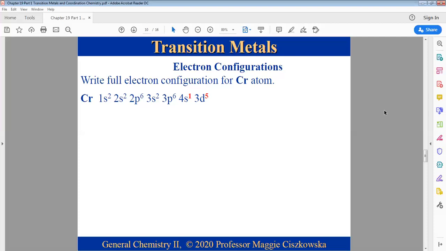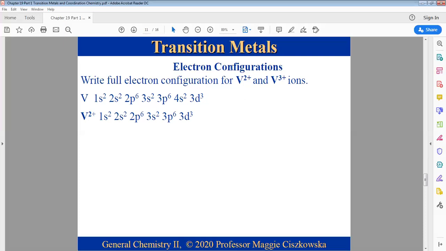All right. Okay, so we are done with atoms. What about ions? Let's go back to vanadium. And right now I want the full electron configuration for V2+. So what do we have? These are our last electrons. Which electrons will be removed first? Always these 4s electrons will be lost first.